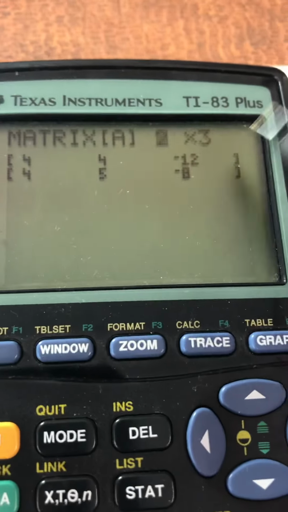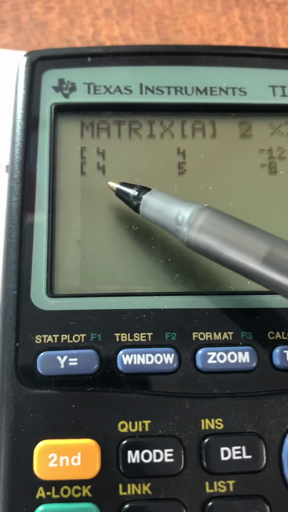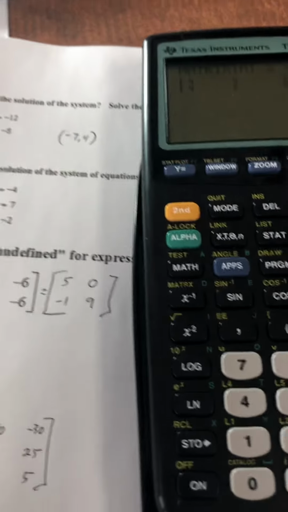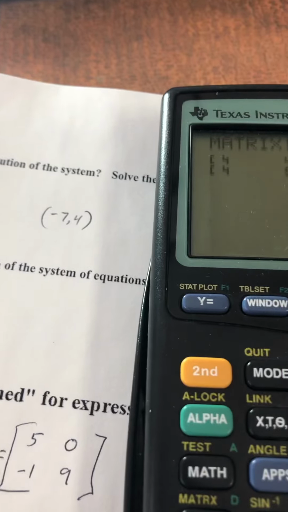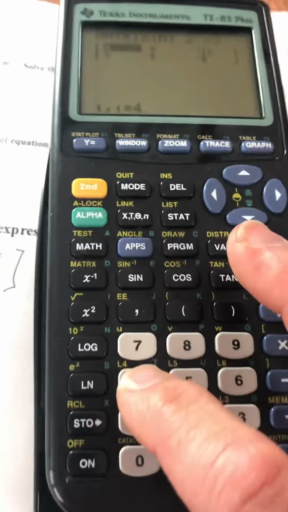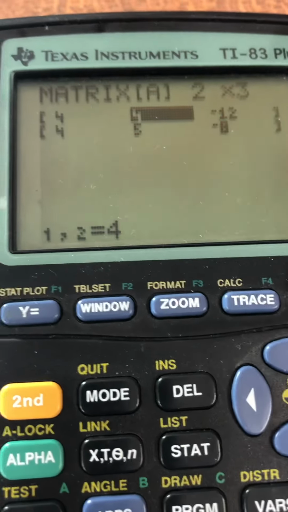And it is a 2 by 3, 2 by 3, we're good. And then I entered all of those numbers in there. The 4, negative 12, and you just start entering them in. So you go there and you want 4, you press 4, enter, and it puts it in there, changes them. I got them all in there though.